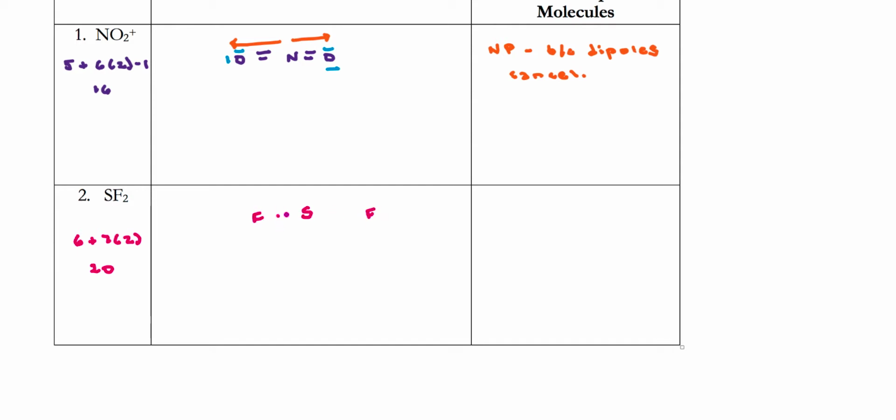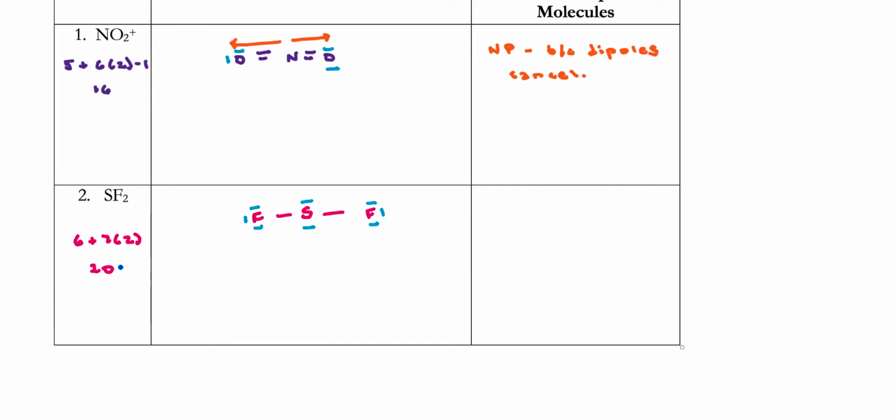They're going to share electrons. Okay. Then I need to make sure everyone has an octet. So fluorine right now only has 2, so it needs 4, 6, 8, 2, 4, 6, 8. Sulfur has 2, 4, 6, 8. Okay? Right now I'm using 2, 4, 6, 8, 10, 12, 14, 16, 18, 20 valence electrons, so I'm good there.